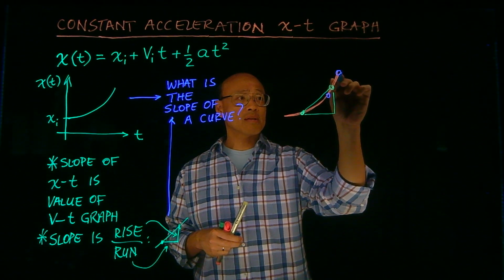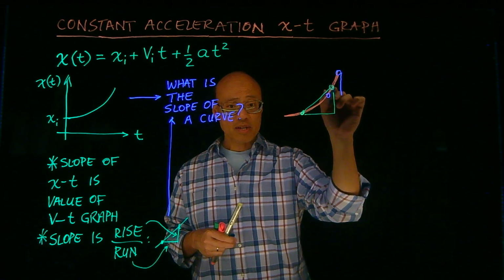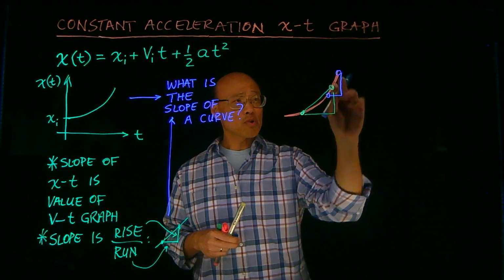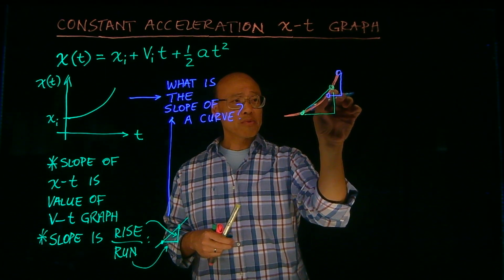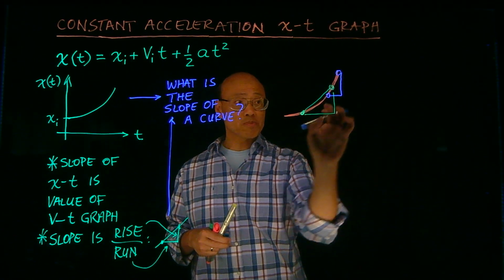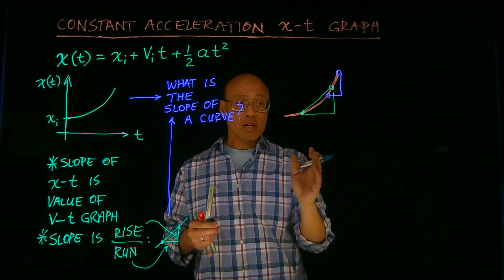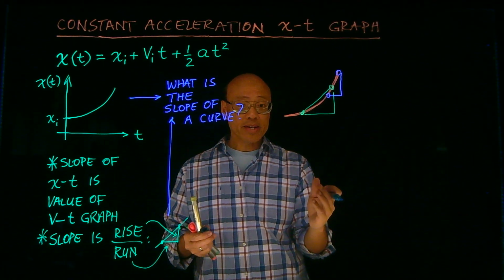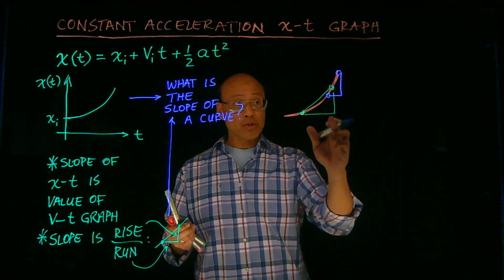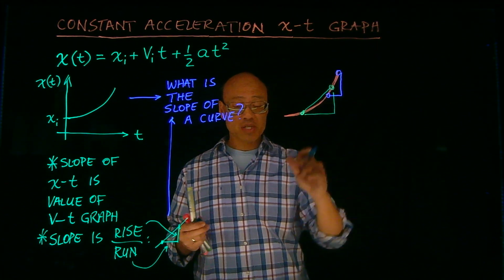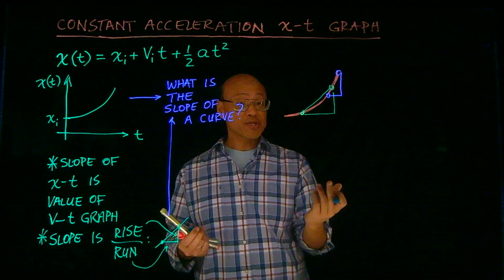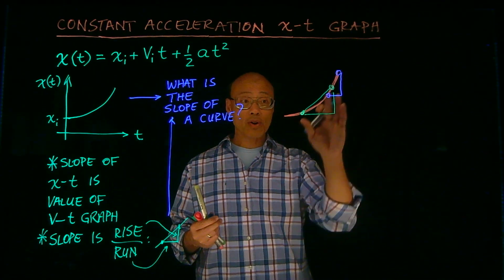You can see that my rise is greater than my run. Over here, my run was bigger than my rise. So defining rise over run, the number you get, if you could take these measurements and get a number, the number changes depending on where you are on the curve.